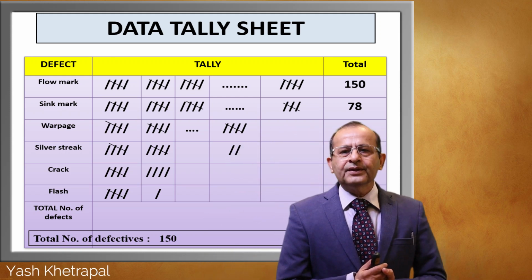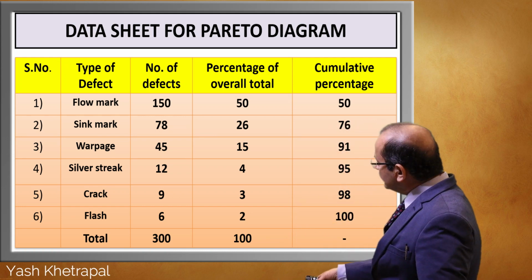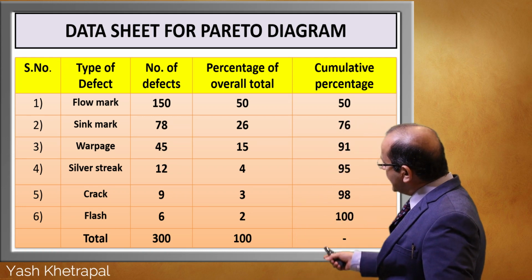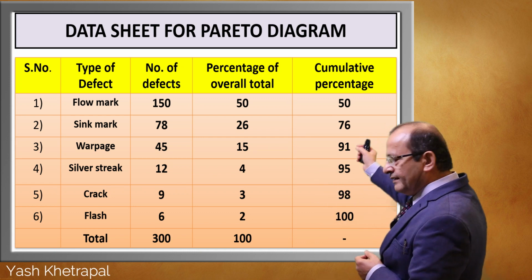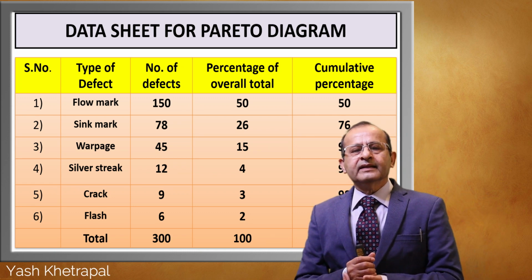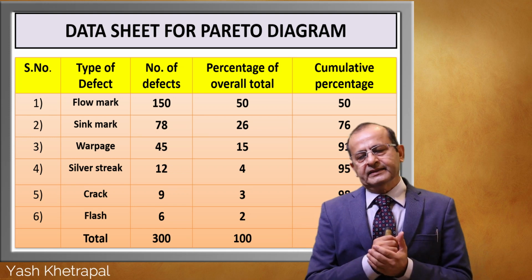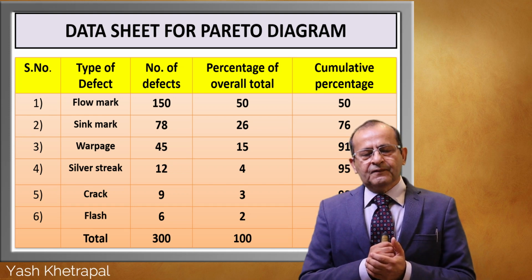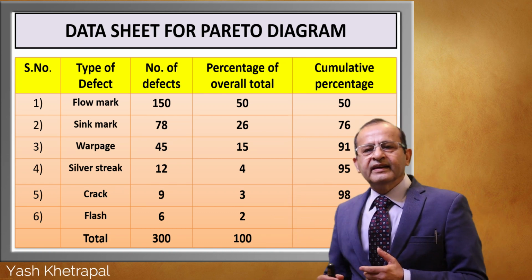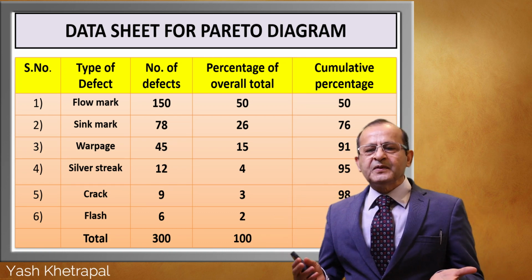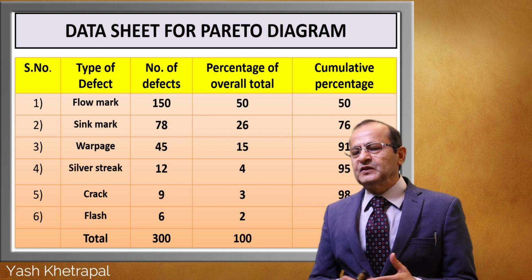Then, look, serial number, then defect name, then number of defects, then we calculate the percentage. In this case, the gross total is 300. So 150 divided by 300. The first defect is 50%, next is 26%, 15%, 4%, 3%, 2%, like that.